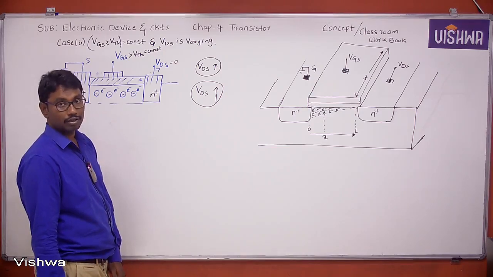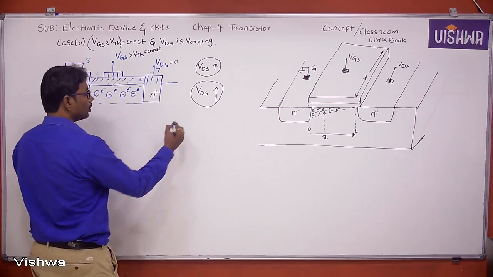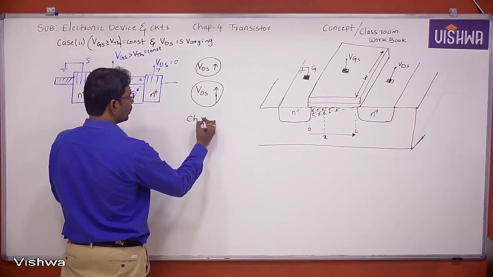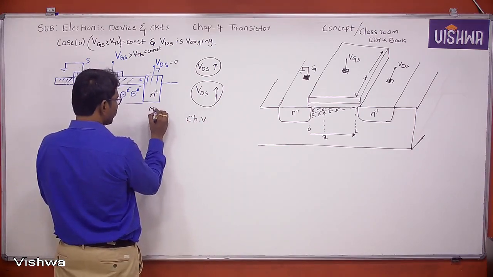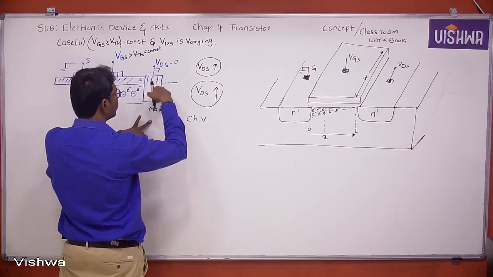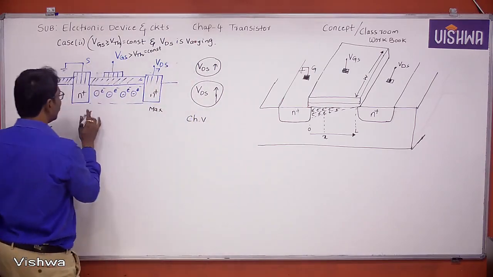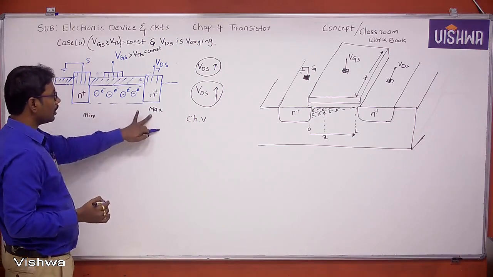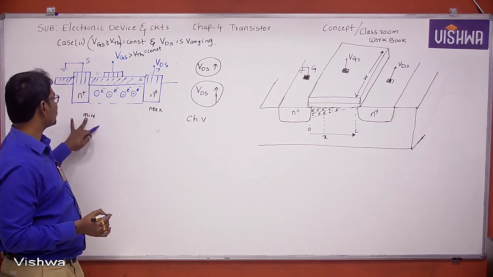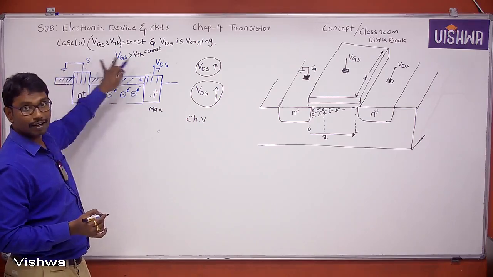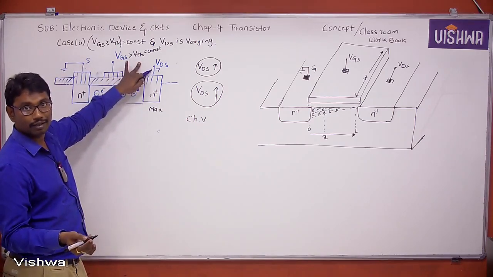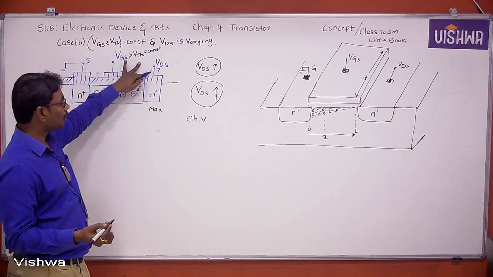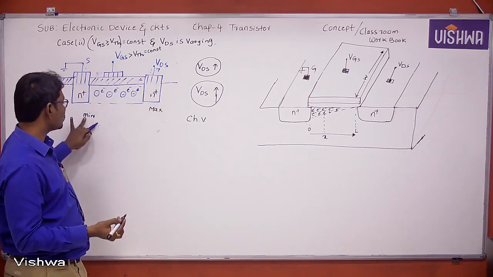The channel voltage is maximum at the drain end and minimum at the source end, because the source is connected to ground and the drain is connected to the battery or supply. So this end is maximum and this end is minimum.